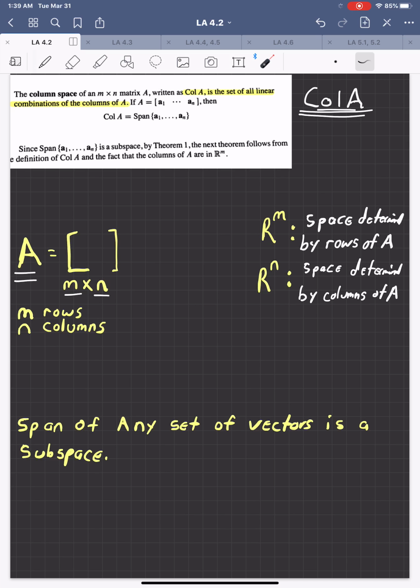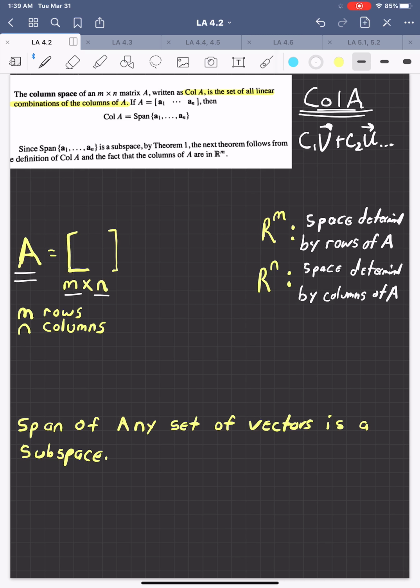Now, every time you hear linear combination, you should be thinking, oh, that's just c times, I'll use v and u just like I did before, scalar times vector plus scalar times another vector, right? It's the set of points that you can reach through two operations, vector addition and scalar multiplication.